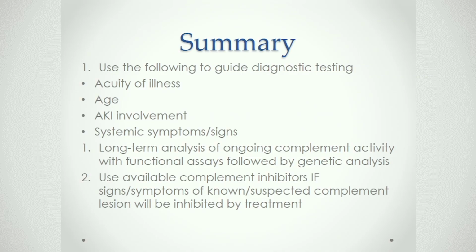So as I finish up, I want to think with you about the fact that typically the diagnostic testing for complement disorder is based on the acuity of the illness, the age of the patient, whether there's kidney involvement, along with systemic signs and symptoms. Long-term analysis of ongoing complement activity with functional assays or genetic analysis is typically a step after that.